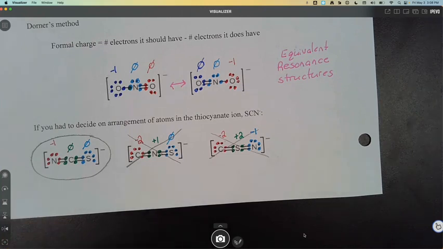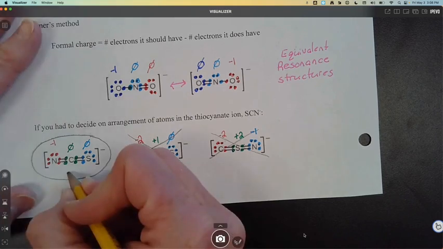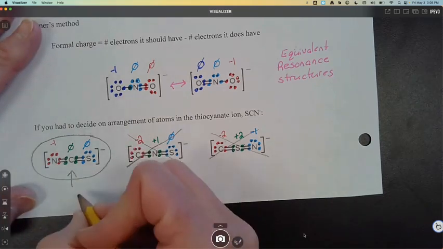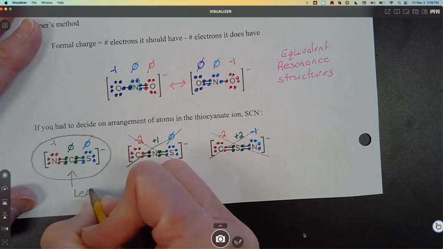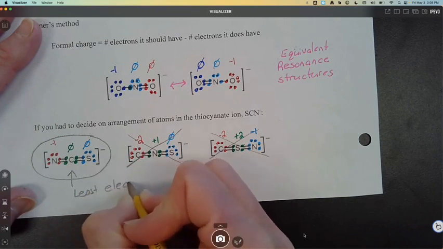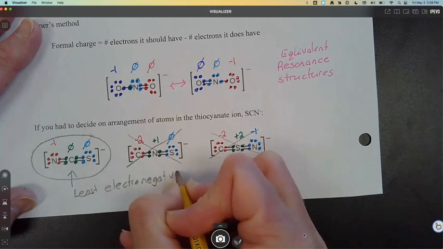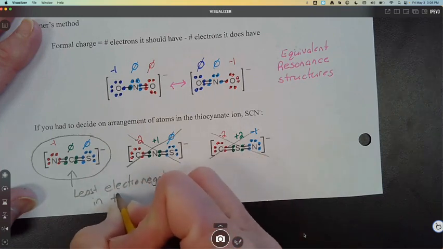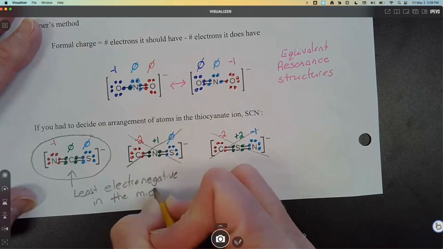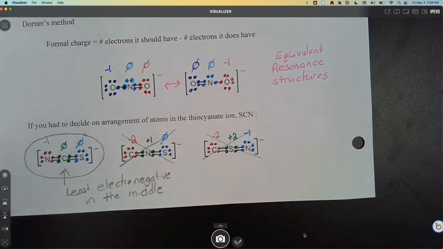Now, early on, I gave you a rule that says when you arrange them, put the least electronegative in the middle. Look at that. Putting the least electronegative in the middle does, in fact, get you to the most favorable formal charge situation.